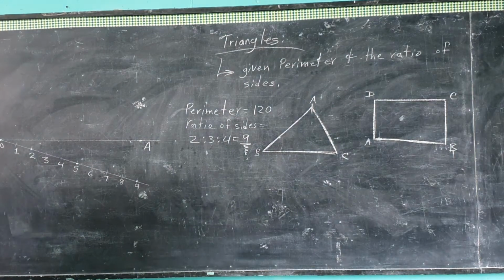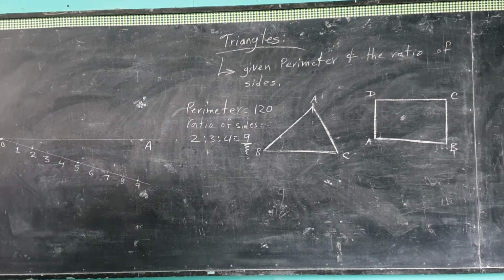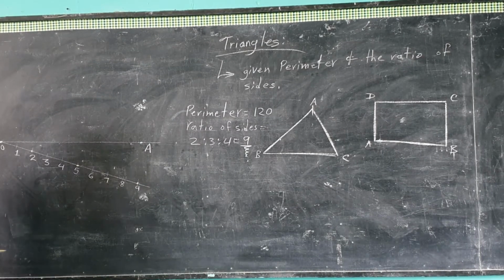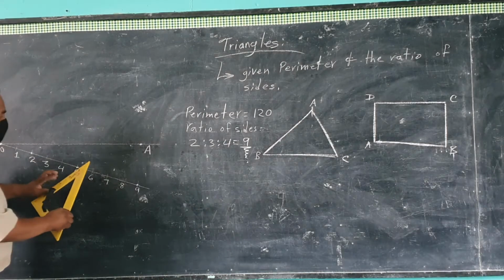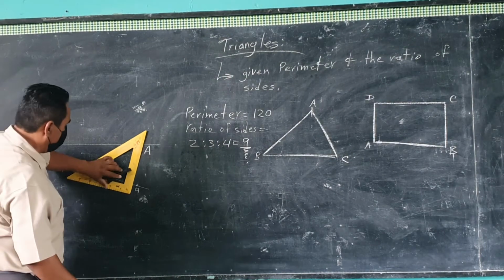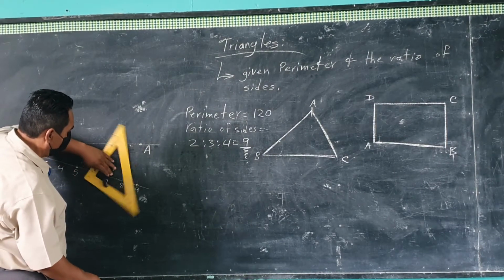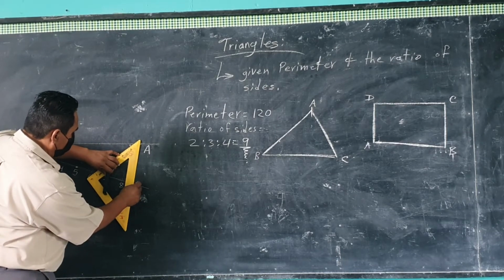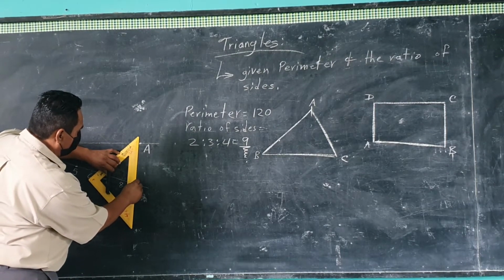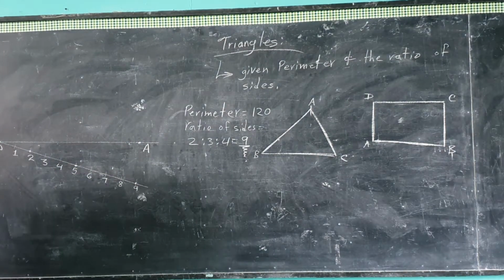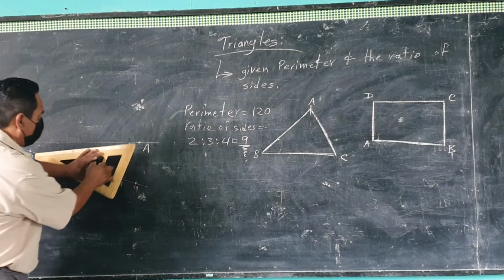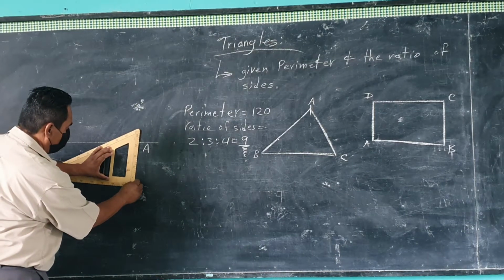So what you're going to do now, I am going to get my set squares. Look at this. And now I will draw my line here. I will better use this one here. This one is better.